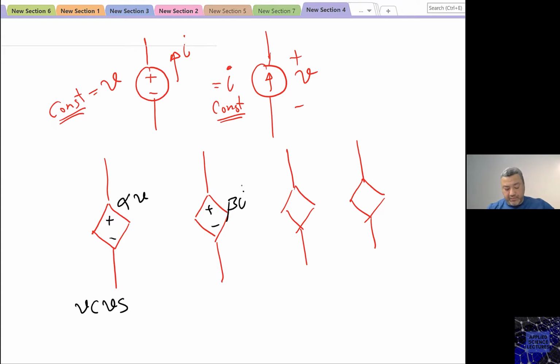Beta I, this is a current controlled voltage source. So this is a voltage source, and this one is a voltage source as well. But this is a current controlled voltage source.